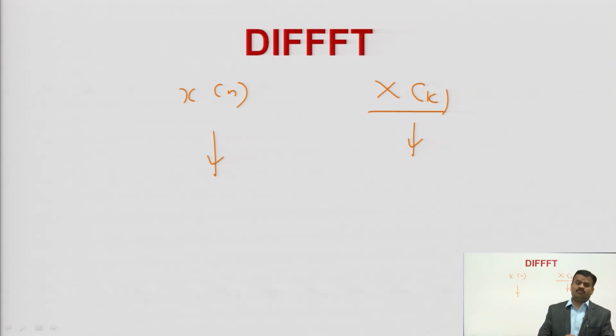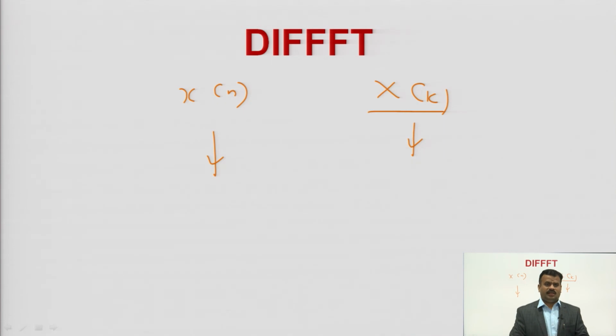The main objective and motto of both the algorithms are the same. What? They are required for calculating Fourier transform for discrete time sequences, but the process is opposite.